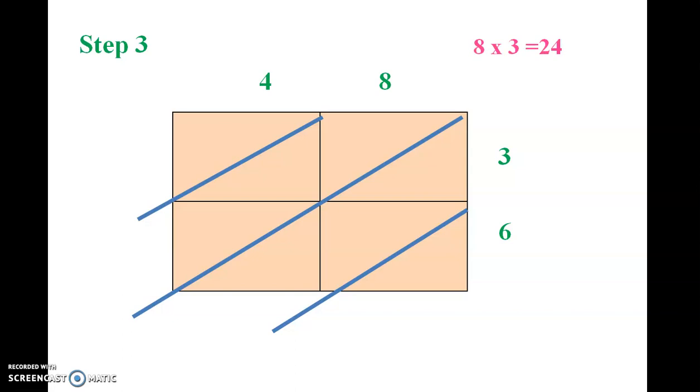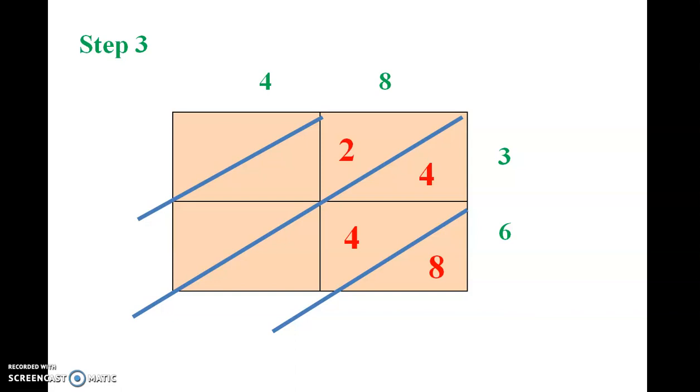Okay friends. Next, 8 multiplied by 3 is what? 24. Then we put 2 at the top and 4 at the low. Similarly, 8 multiplied by 6 is 48. Then we write the 4 at the top and 8 at the low.